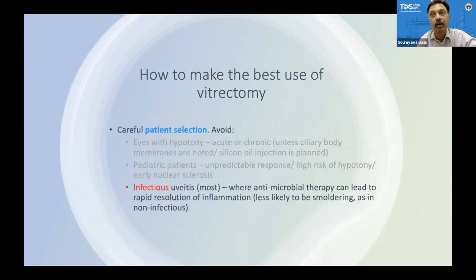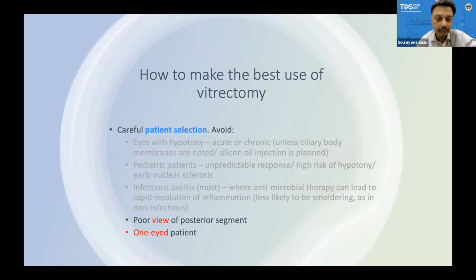And while vitrectomy is very useful for making a diagnosis of infectious uveitis, usually as a therapeutic agent, it is not required because most forms of infectious uveitis respond very promptly to the antimicrobial therapy. Then you do a therapeutic vitrectomy. You should not do a therapeutic vitrectomy when you are not able to see the posterior segment very well, and obviously avoid it in a one-eyed patient as a primary therapy.